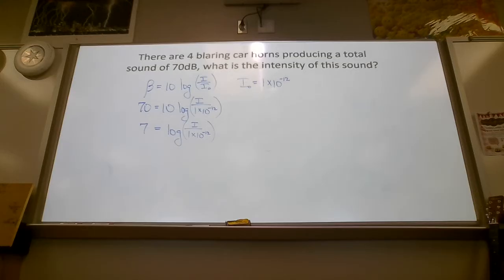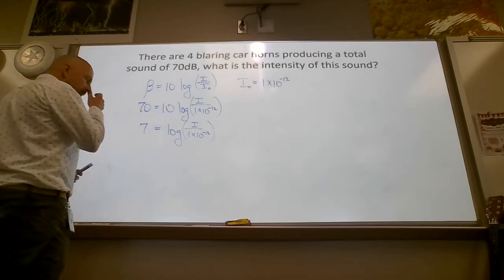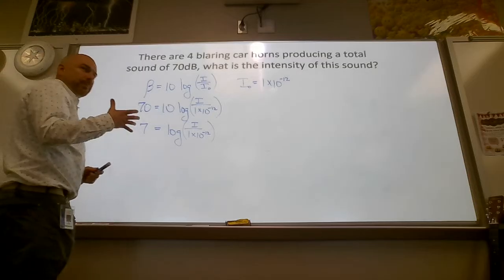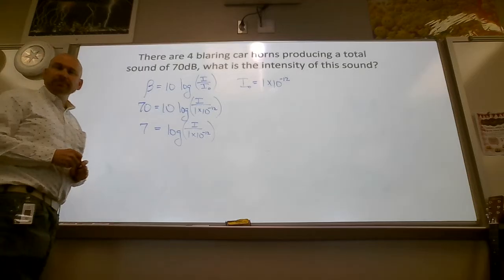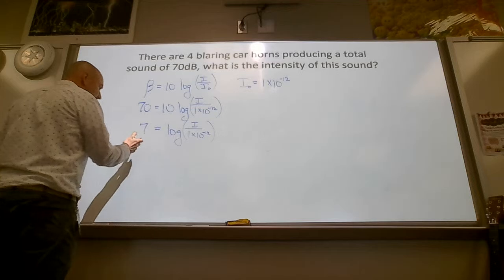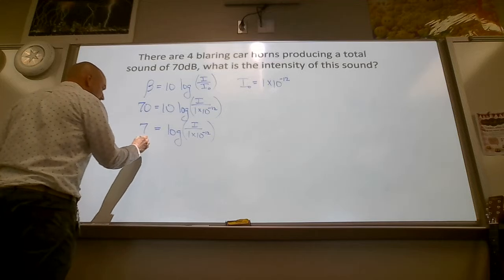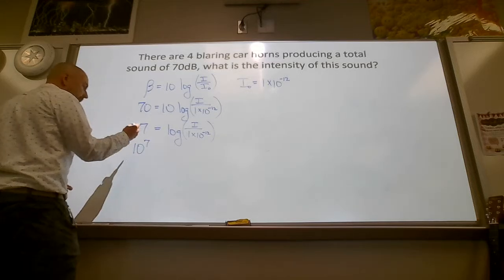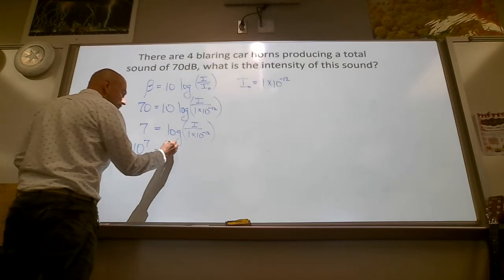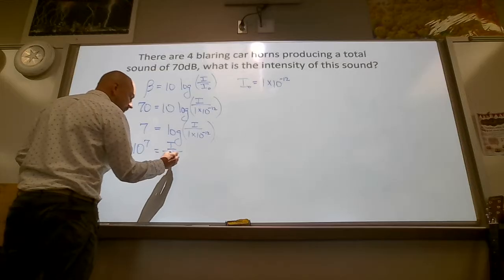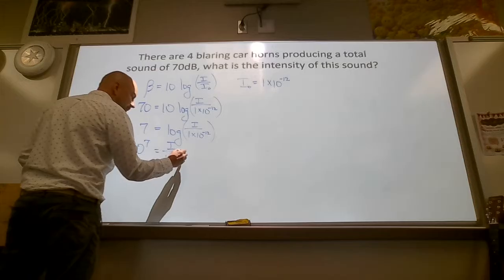To do inverse log, you hit second and hit the log button, which above your log button is going to be printed 10 to the x, because that's the inverse of log. So you end up with 10 to the 7th power is equal to I over 1 times 10 to the negative 12.